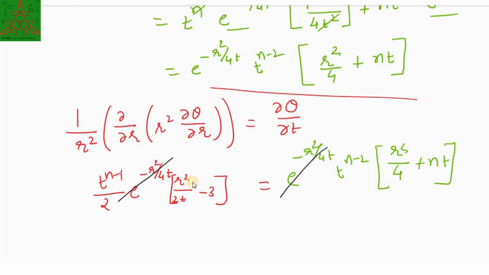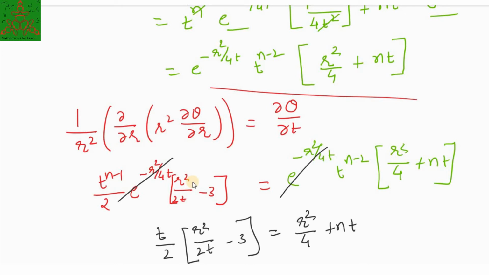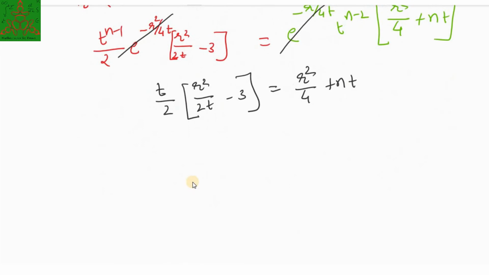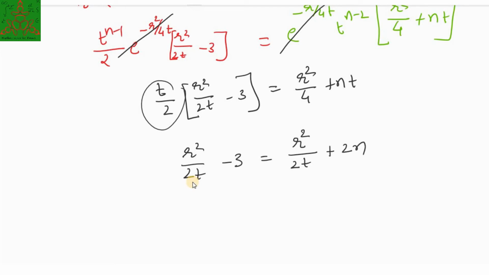So what is left here, it will be t by 2 into r square upon 2t minus 3 equal to r square upon 4 plus nt, and then you just take out this 2 by t on the other side, so you will have r square upon 2t minus 3 equal to 3 r square upon 2t plus 2n, and you just see that this r square upon 2t will get cancelled, so we'll have n equal to minus 3 by 2.